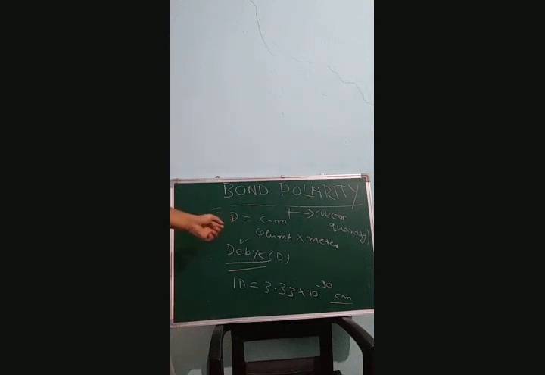So dipole moment is also a vector quantity, and vector addition and subtraction rules or any other vector rules also apply in the dipole moment.